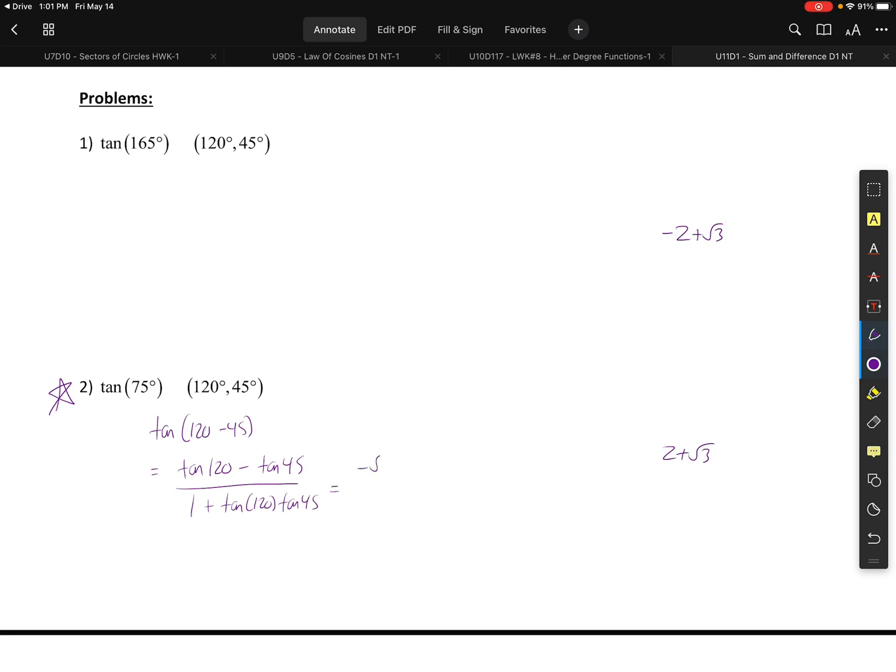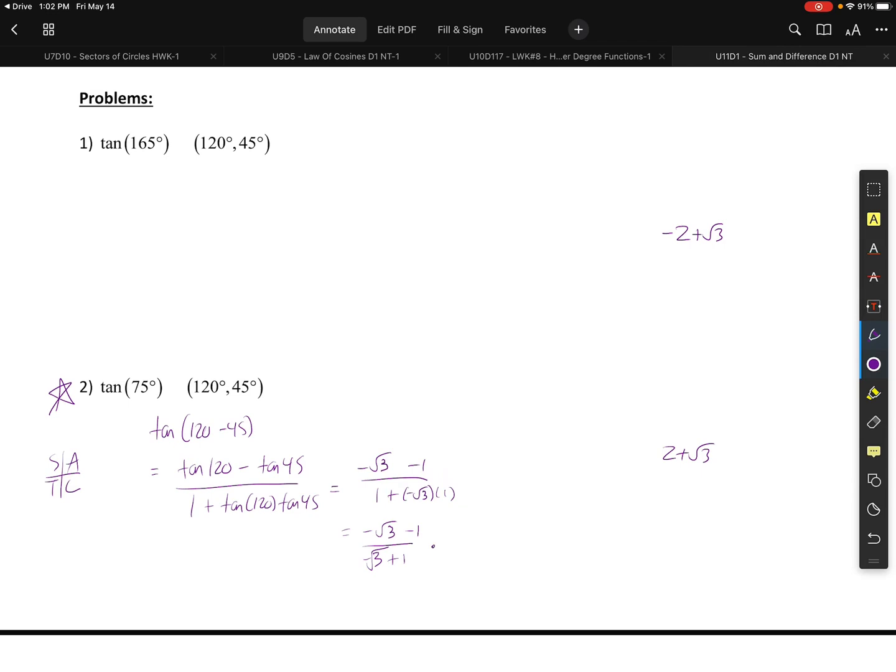So here I got negative rad 3, because based on ASTC I'm in the second quadrant, minus 1 over 1 plus negative rad 3 times positive 1. So I got negative rad 3 minus 1 over negative rad 3 plus 1.